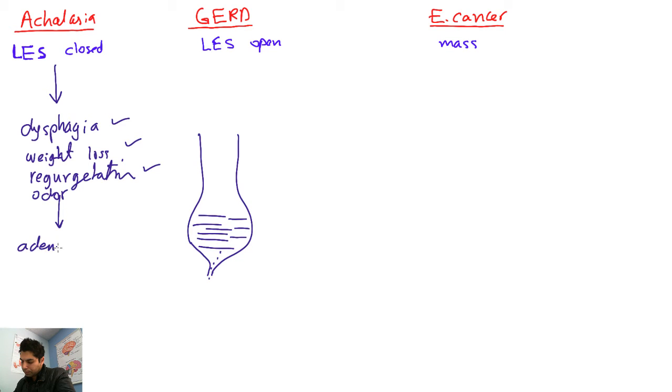So, just to relate it, the esophageal cancer we're going to talk about has two types. One is adenocarcinoma, and the other one is squamous cell carcinoma. Those are the two types of cancer.